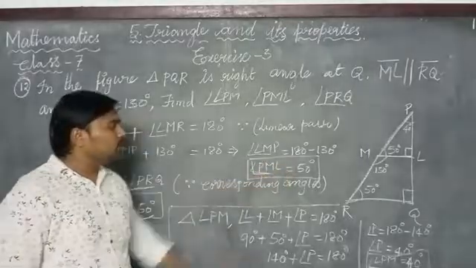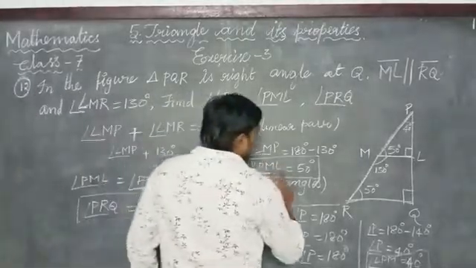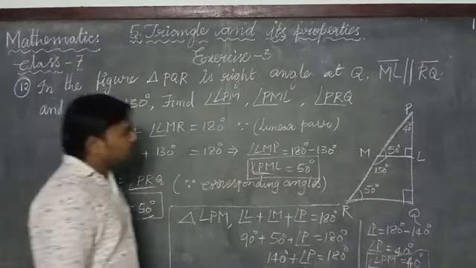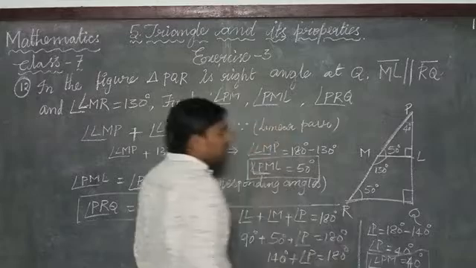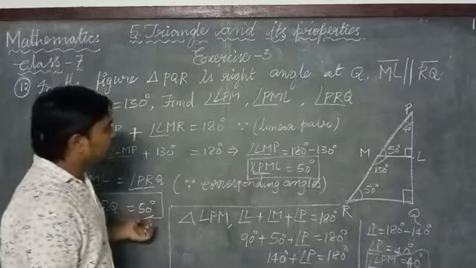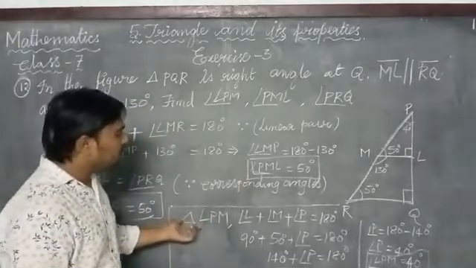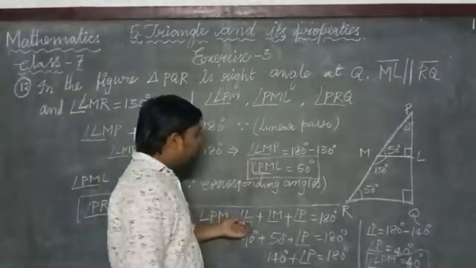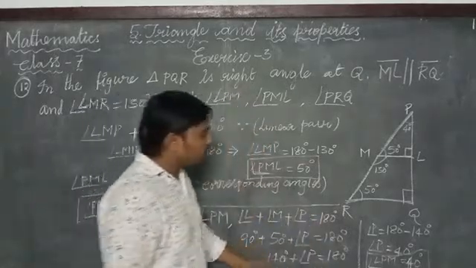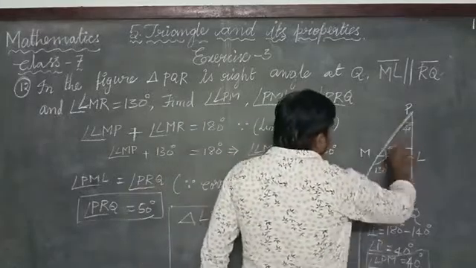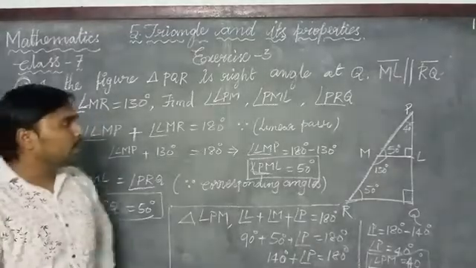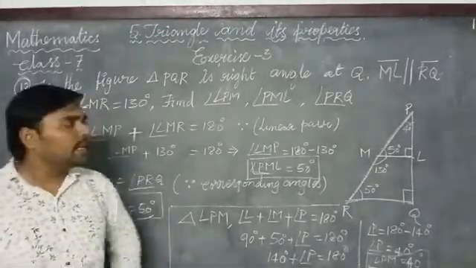It means the angle at M is 50 degrees. Now from corresponding angles, R is also 50 degrees, so angle PRQ equals 50 degrees. And from the angle sum property of a triangle, from triangle LPM, all the angles in a triangle sum to 180 degrees. From this we find angle LPM is 40 degrees.